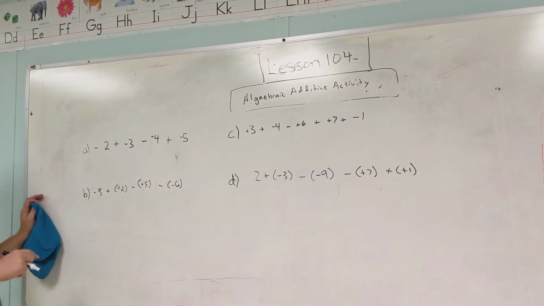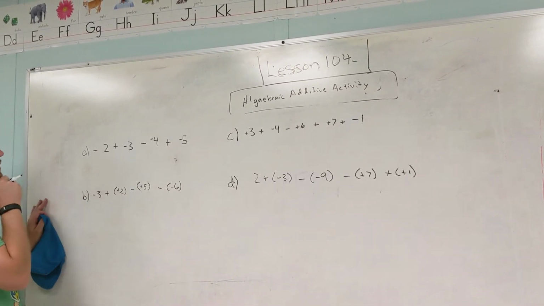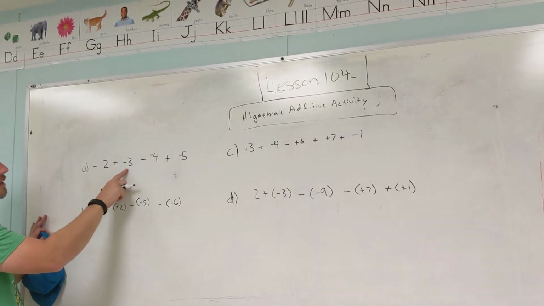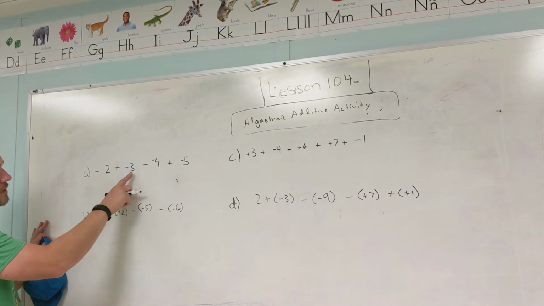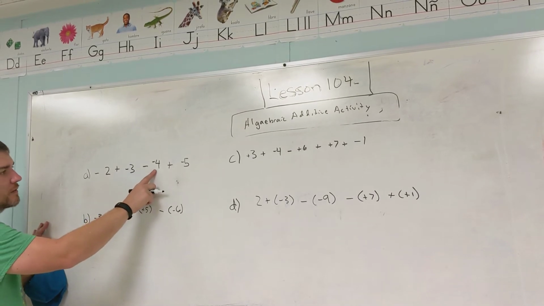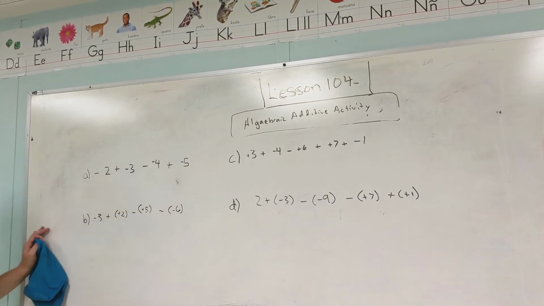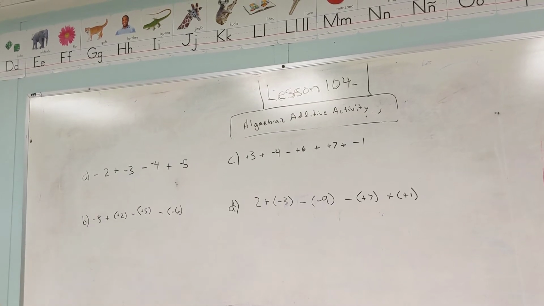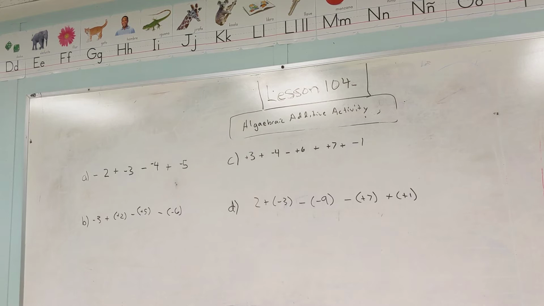So here, if you remember, we have negative numbers, and we have adding another negative number, and we have subtracting a negative number, and we have adding a negative number. So what we need to do is rewrite this in a form that we can tell when it's going to be negative and when it's going to be positive.